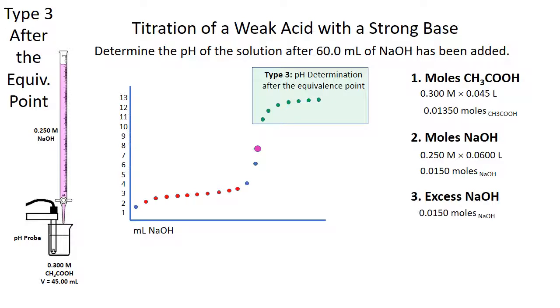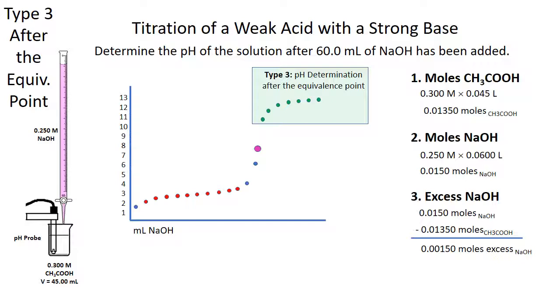So if we added 0.0150 moles of sodium hydroxide, and all 0.0135 moles of acetic acid will be involved in this one-to-one neutralization, then only 0.0135 moles of sodium hydroxide can be neutralized. What that leaves us with is an excess of 0.00150 moles of sodium hydroxide that went beyond what was required to reach the equivalence point.